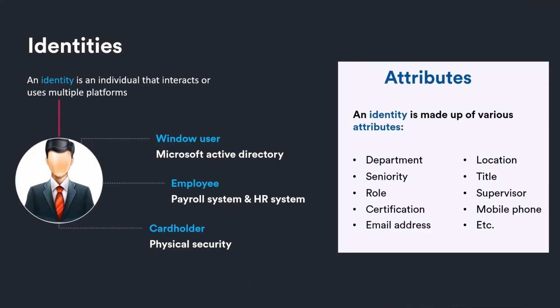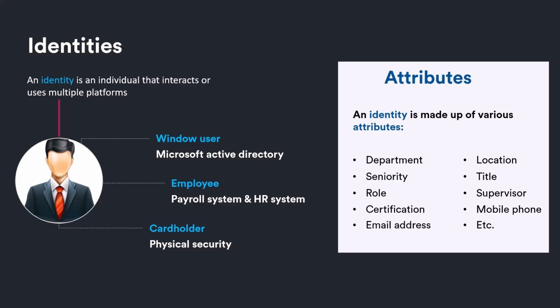At the heart of ClearID's attribute-based access provisioning are identities. I mentioned earlier that you could consider an identity to be a cardholder, but in fact, identities are so much more. An identity is an individual who interacts with multiple platforms. Think of your own work environment. You probably have a Windows user profile, a payroll employee number, an access card with a specific card number, etc. While they might come from different systems, they all have one thing in common.